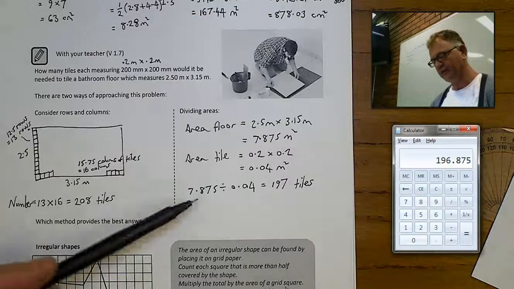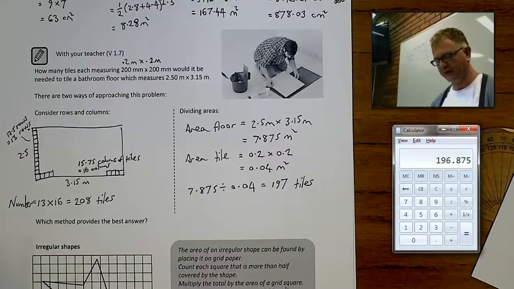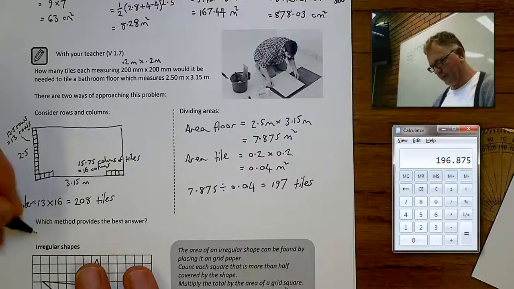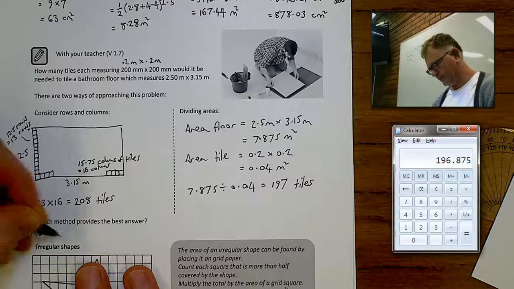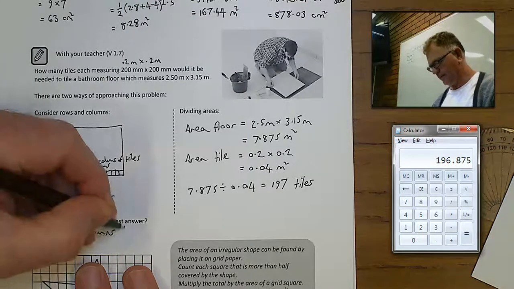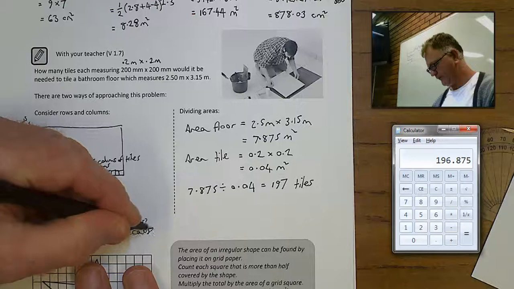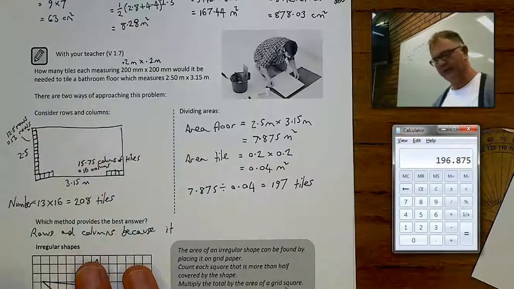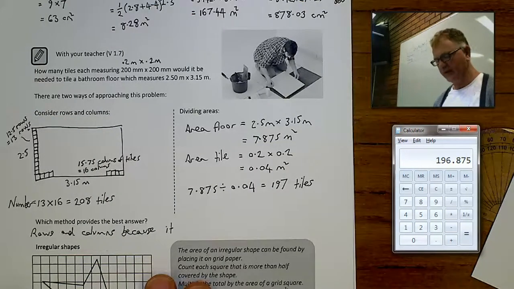In this one here, we didn't really allow for the cutting of the tiles. So I guess this is a more realistic estimate if you're actually going to do the job. So I would probably go for the rows and columns, because it allows for that wastage when you're cutting the tiles.